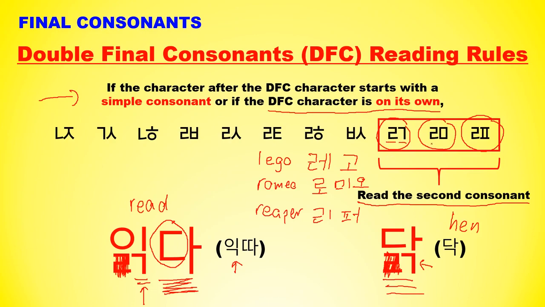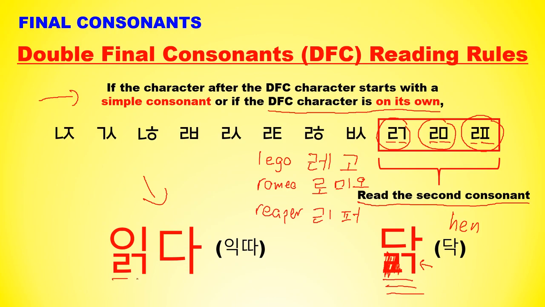Lego, Romeo, and Reaper. Like this. So, next time when you come across a Korean character with a double final consonant, look at the double final consonants first. Then think of the three words that I've just taught you: Lego, Romeo, and Reaper.